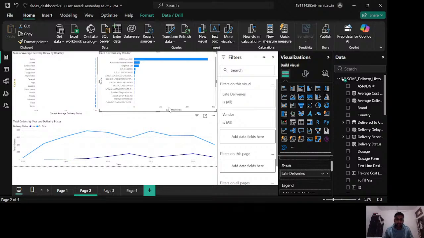So here we can say that the most late deliveries are by Trinity Biotech, and the least late deliveries are by SCMS from RDC, Arvindo Pharma, and Organics Limited in their respective orders. So SCMS from RDC is one of the most preferable vendors. Then we have Arvindo Pharma, and then we have Organics Limited.